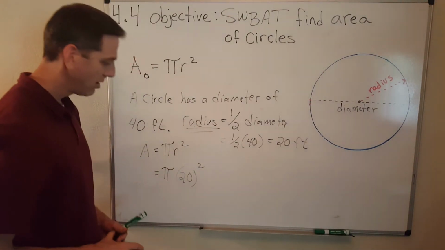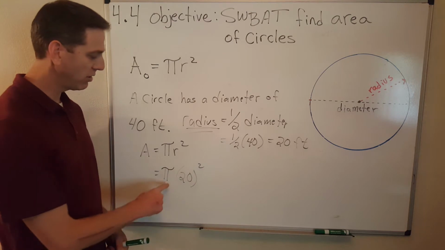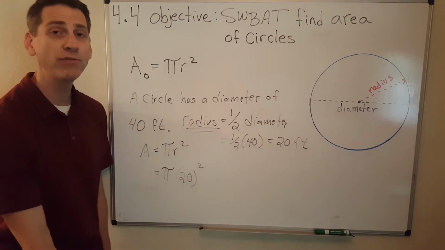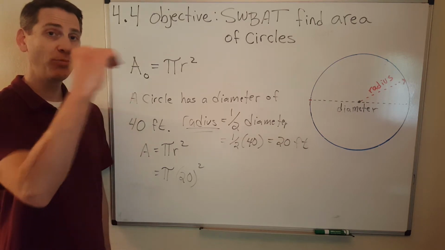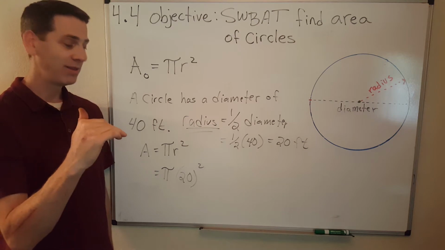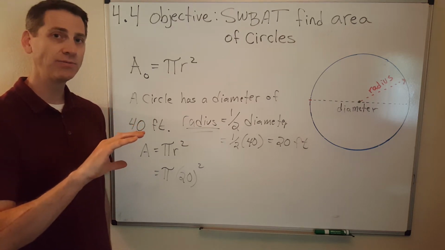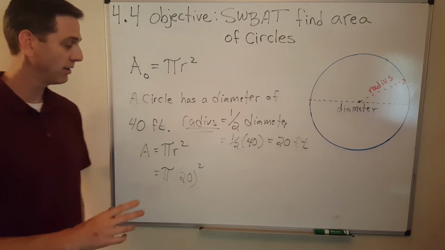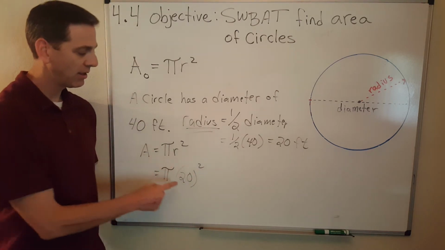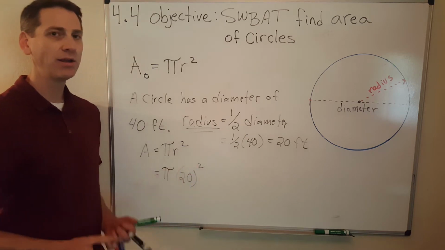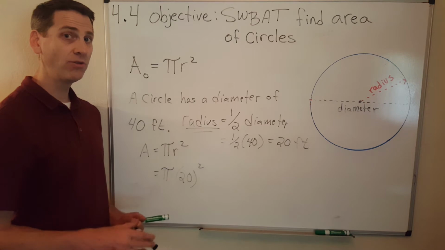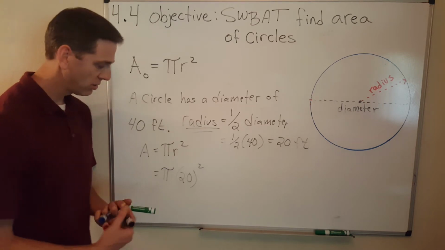Okay. So now what do we do first? Do we go pi times 20 or do we go 20 squared? Well, if you remember your order of operations, it goes grouping symbols, then exponents, then multiplication or division, and then adding or subtracting. So we have to do the exponents before we do the multiplying. So 20 squared, well, I know 2 squared is 4 with 2 zeros on the end, so that's 400.